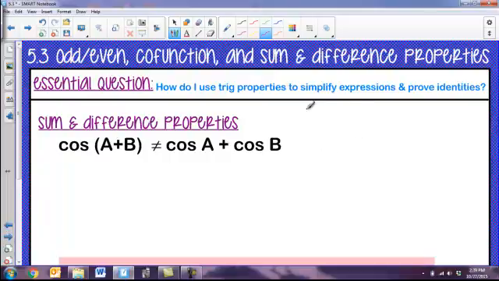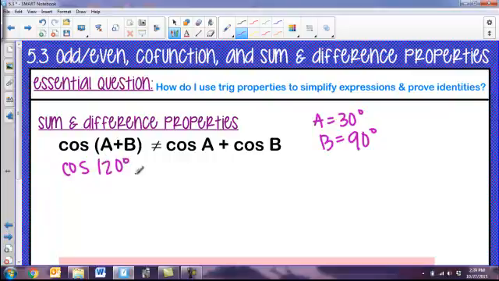So if I can think of one counterexample that's not going to work here, then I can show that this doesn't work. So I'm going to arbitrarily name A to be 30 degrees because I like that angle, and B to be 90 degrees because I also like that angle. So if I plug in A and B here, I would have cosine of 30 plus 90, which is 120 degrees. And if I find the cosine of 120 degrees over on the left side, remember 120 is in quadrant 2, and it has a reference angle of 60 degrees.